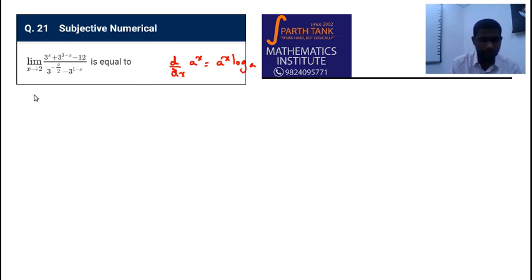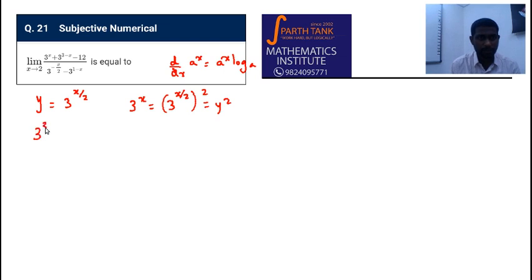I'm going to make a substitution. y is 3 to the power x by 2. And that will help make all these terms in terms of y, y squared and all of that. So let us see what 3 to the power x will be. It is 3 to the power x by 2 the whole square, so it is y squared. So the first term is y squared.